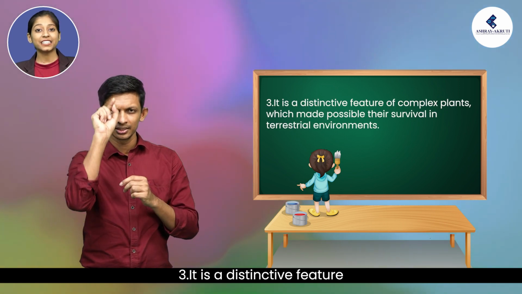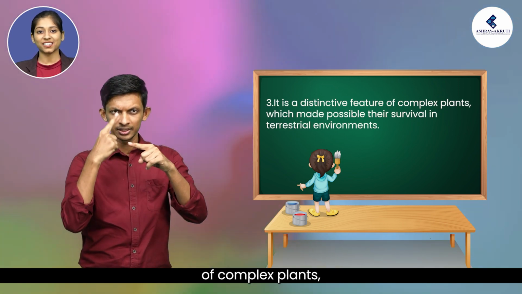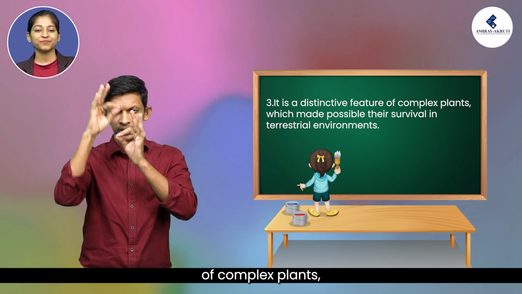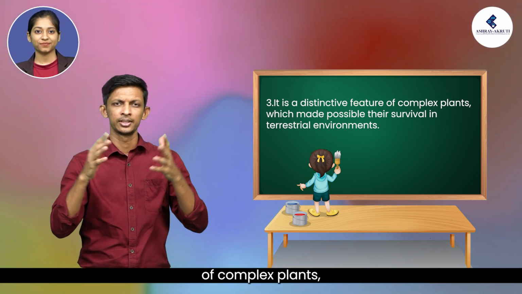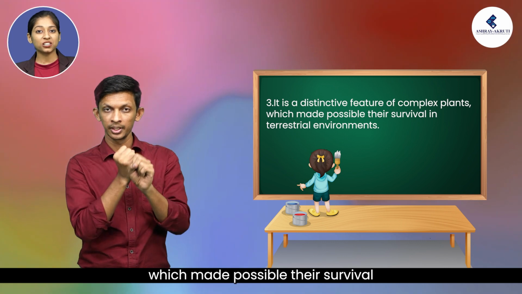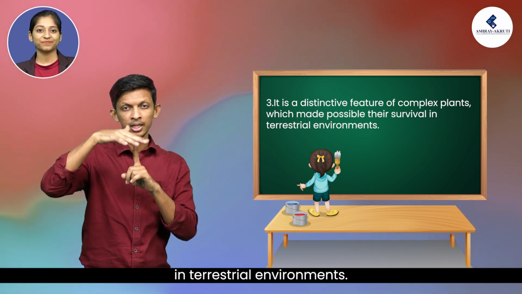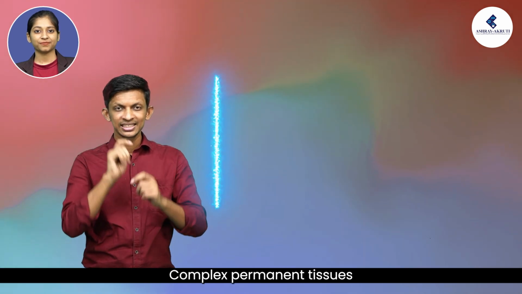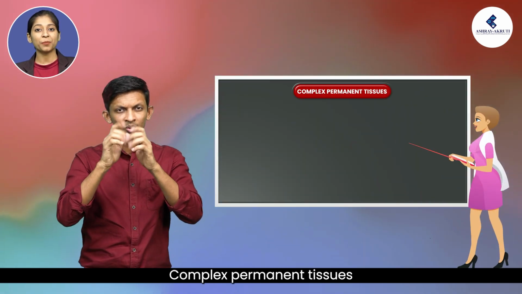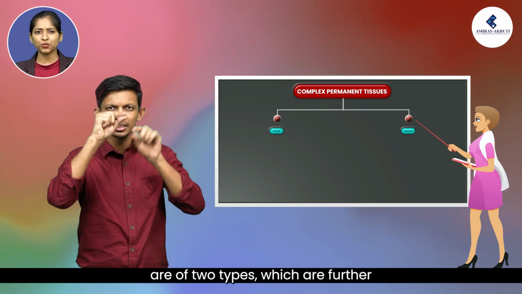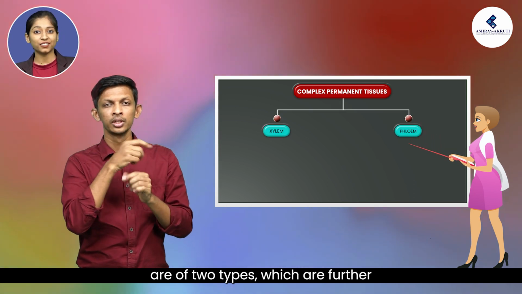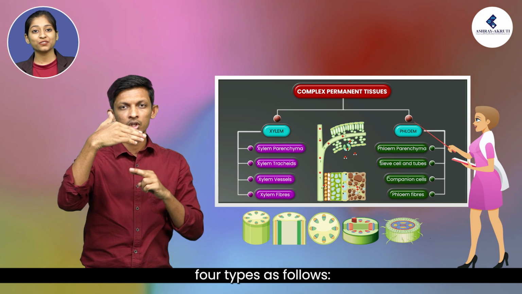It is a distinctive feature of complex plants, which made possible their survival in terrestrial environments. Complex permanent tissues are of two types, which are further divided into four types as follows.